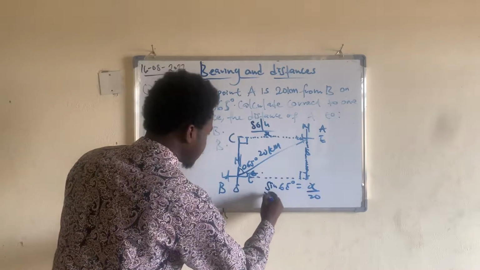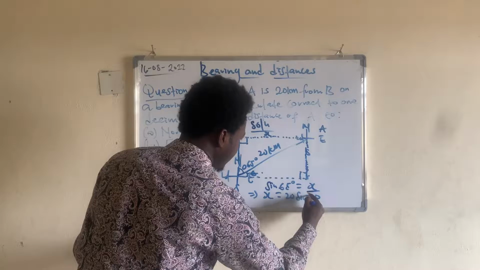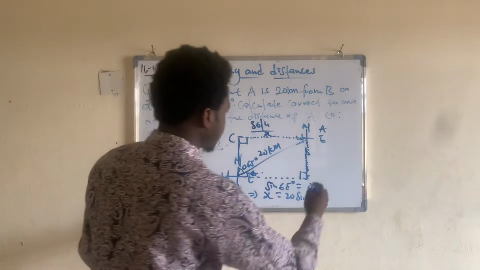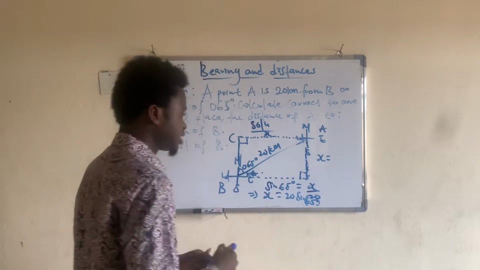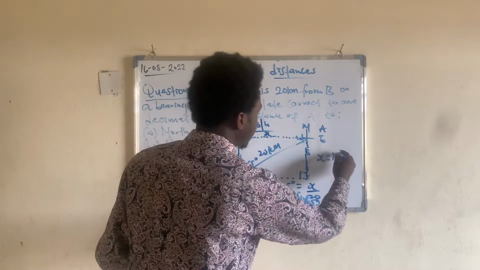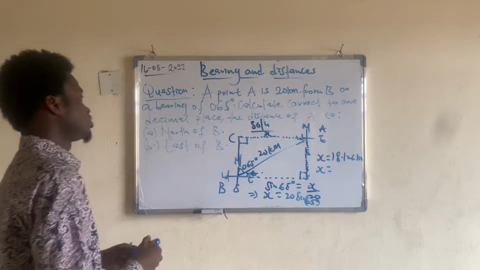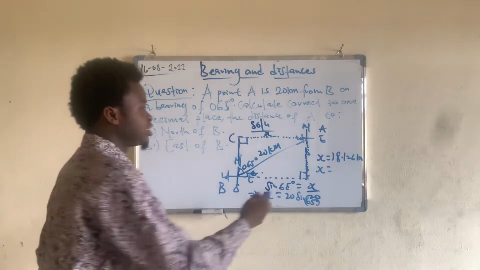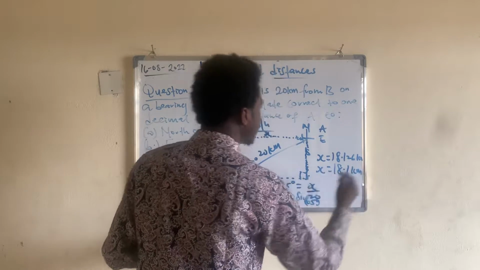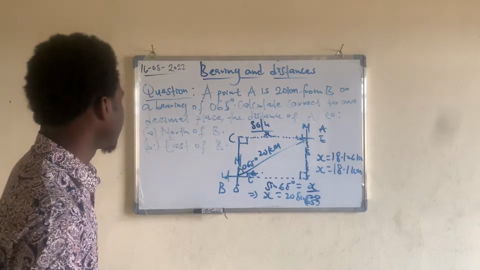So x is equal to 20 sine 65 degrees. If we check our calculator, 20 sine 65 degrees, we obtain 18.126 kilometers. But we are told in our question to take it to one decimal place, so it becomes 18.1 kilometers to one decimal place. We've been able to find the distance of A north of B.